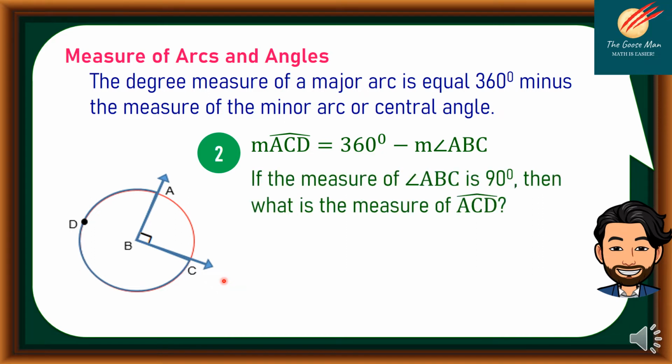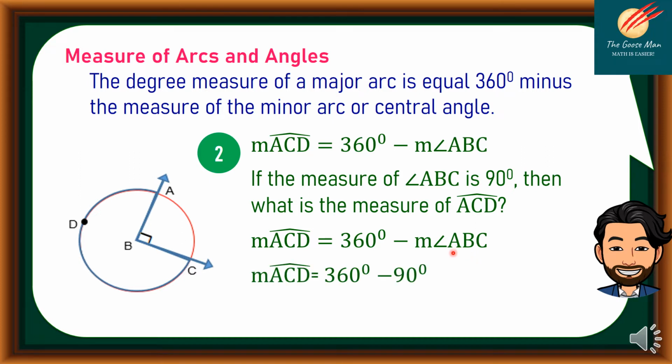Take note that the measure of angle ABC is 90 degrees, for example. Then what is the measure of arc ACD? We have 360 degrees minus the measure of angle ABC. Substituting the value of angle ABC, the measure of arc ACD is equal to 270 degrees.